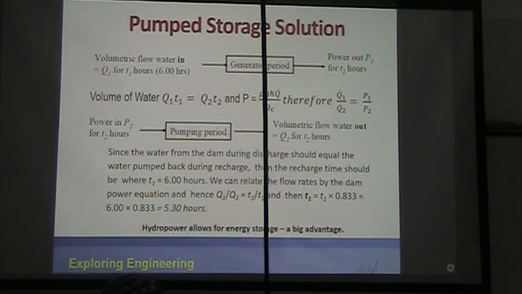We can also, instead of saying our flow rate 1 divided by our flow rate 2 equals power 1 divided by power 2, say that our flow rate 1 divided by flow rate 2 equals our time 2 divided by time 1. Our time 2 is going to equal time 1 times 0.833, or 5.3 hours.